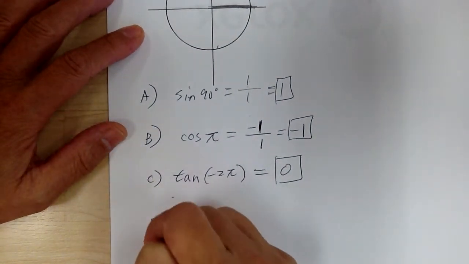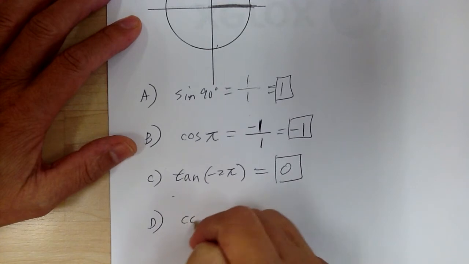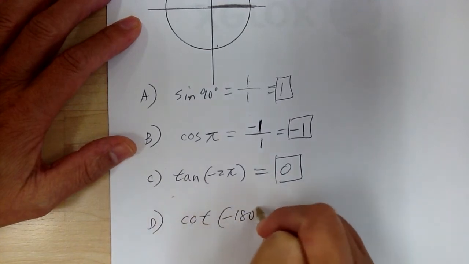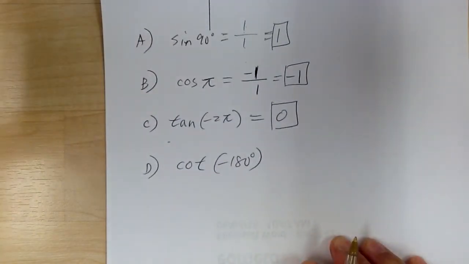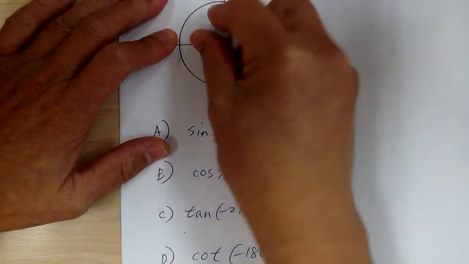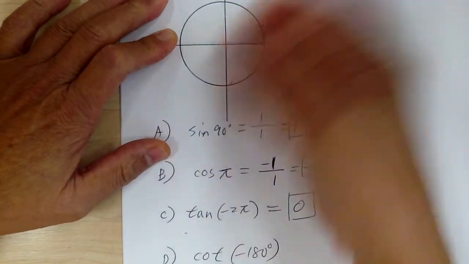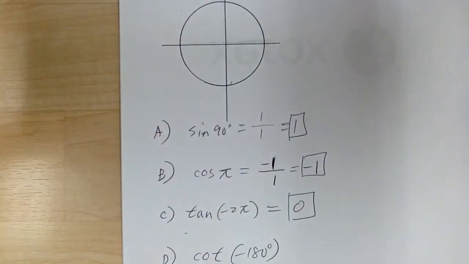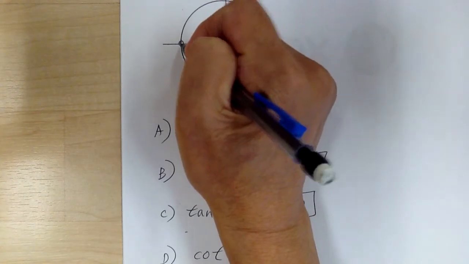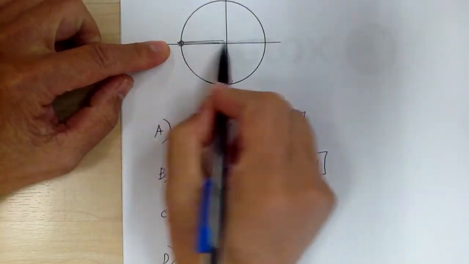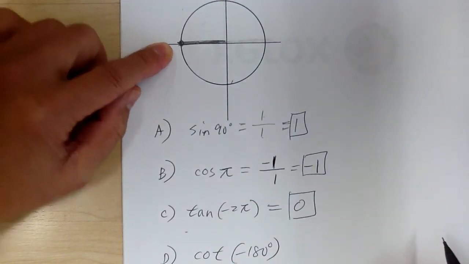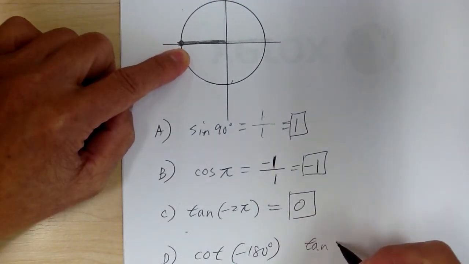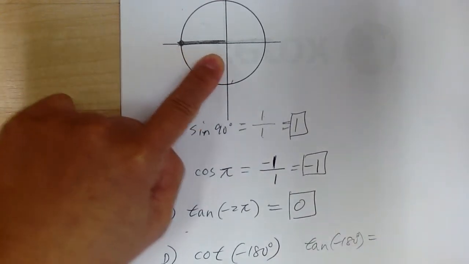Now let's go to D. You're looking for cotangent of -180 degrees. First we need to figure out the tangent of that. -180 is right over here. So the tangent of -180 degrees is equal to 0.